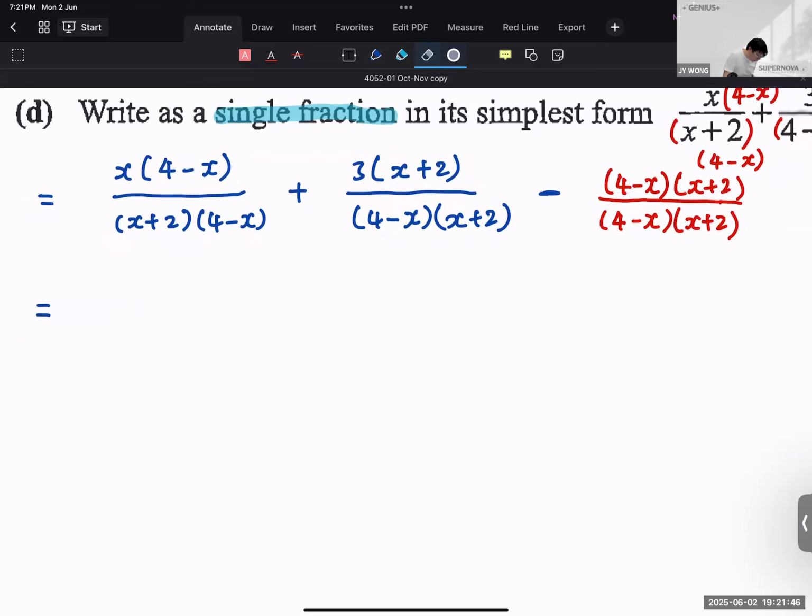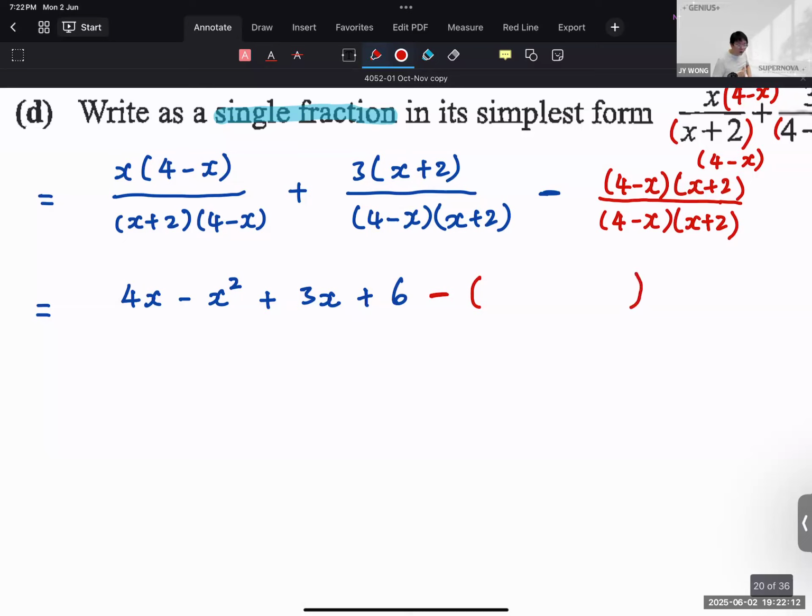Okay, so I will have 4x minus x squared plus 3x plus 6. Please make sure you do your expansion correctly. The only one that is tricky, I want you to take note, because this is a minus, what do we always want to put? I want to put a bracket here. Many of you will omit this bracket, and then because you omit this bracket, what happens?